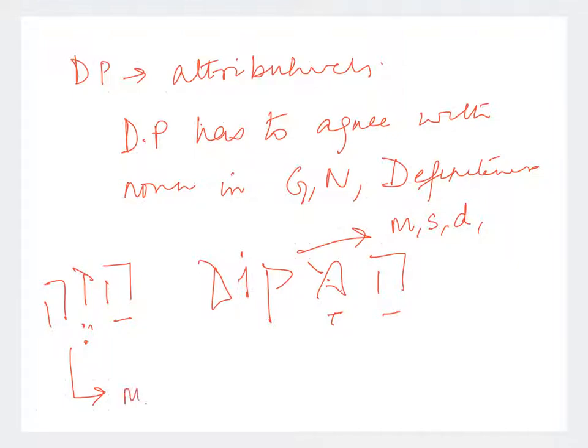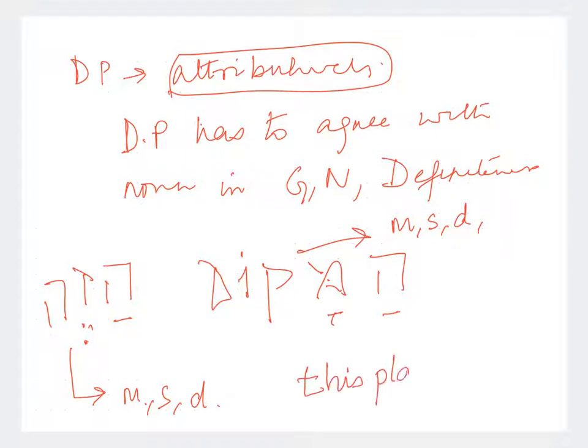This is also masculine, singular, and definite. You see, they agree in gender, number, and definiteness. So how are you going to translate it? You will translate it attributively, where the demonstrative pronoun will come before the noun in English. So you're going to translate it as "this place." Okay, bear this in mind.